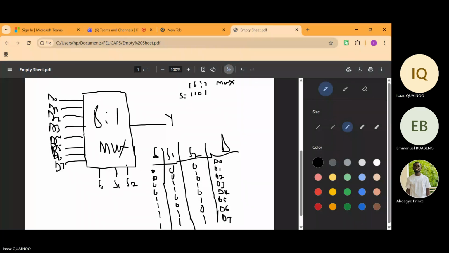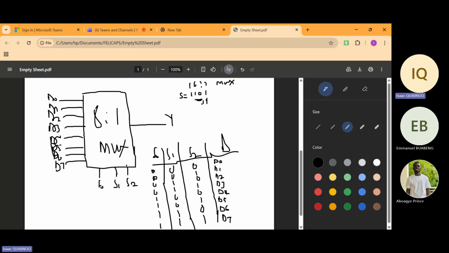Which data line will be selected? So you can be given that, assuming the data lines are numbered D0, D1, etc., which data line will be selected if these particular values are present for your select line. So what we are going to do is convert this binary number for the select line into the decimal equivalent, okay? Here you have 1 raised to the power 0, so you have 2 raised to the power 0.